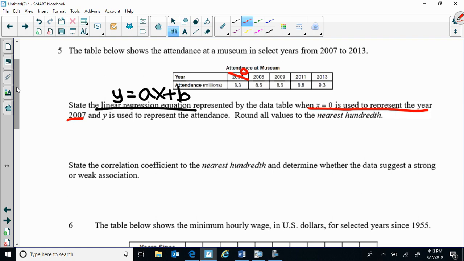Now we have to think, how many years after 2007 is 2008? 1. 2009 occurs 2 years after that. 2011 occurs 4 years after 2007. And 2013 occurs 6 years after 2007. These are the values we're going to put into our calculator. Now remember, when we need linear regression equations, we need both numbers in our calculator.